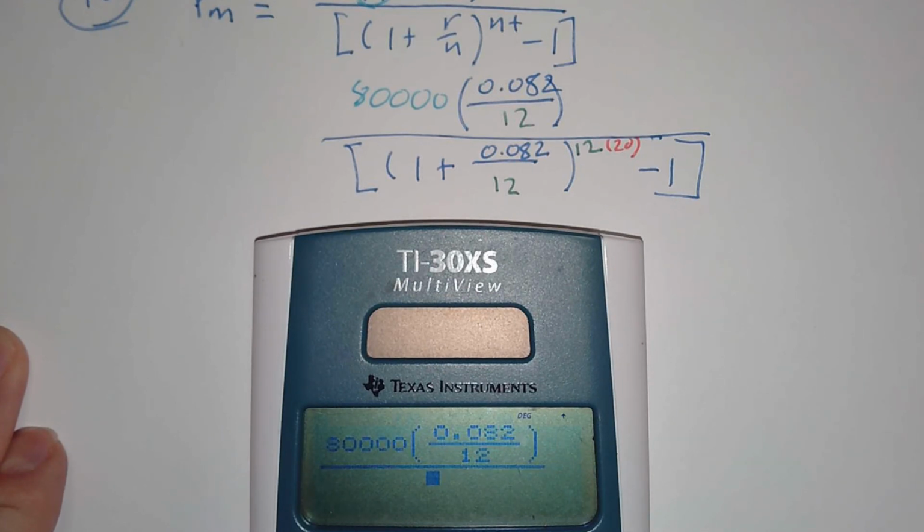Down arrow, parentheses, parentheses, 1 plus fraction key, 0.082 over 12. Right arrow, close it off. Caret key, 12 parentheses 20. Right arrow, subtract 1. And then we go ahead and we're going to hit our enter key.